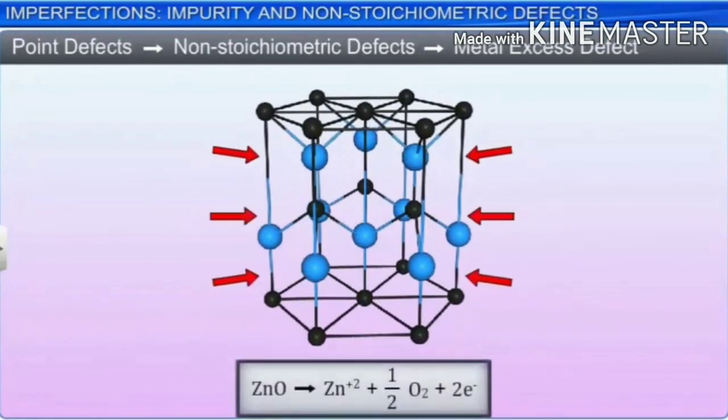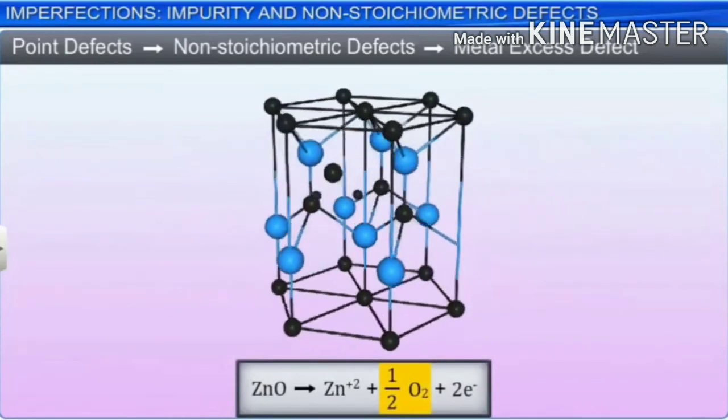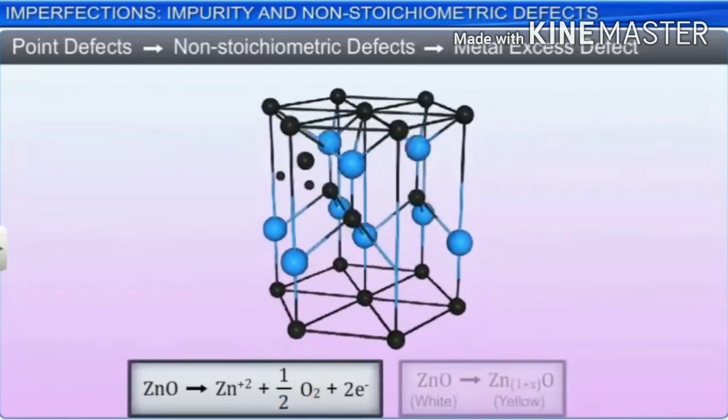On heating, it loses oxygen and turns yellow. Now there is an excess of zinc in the crystal and its formula changes from ZnO to Zn(1+x)O. The excess Zn2+ ions move to the interstitial sites and the electrons to the neighboring interstitial sites.